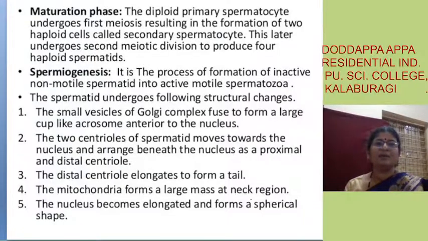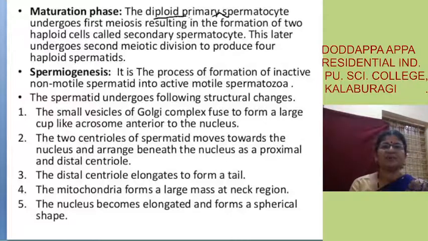Okay. Now whatever I just told, let me read out. So, maturation phase. Here the diploid primary spermatocyte, you know that the primary spermatocyte is diploid in nature, will undergo first meiotic cell division to form the secondary spermatocytes, and you know secondary spermatocytes are haploid in nature.